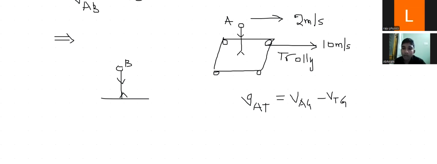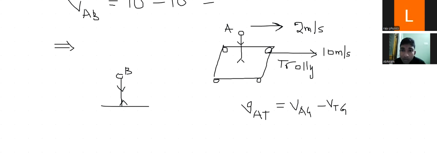No, no, this is the person A with respect to the trolley. Look at this diagram very carefully. Velocity of A with respect to the trolley. What is the speed?